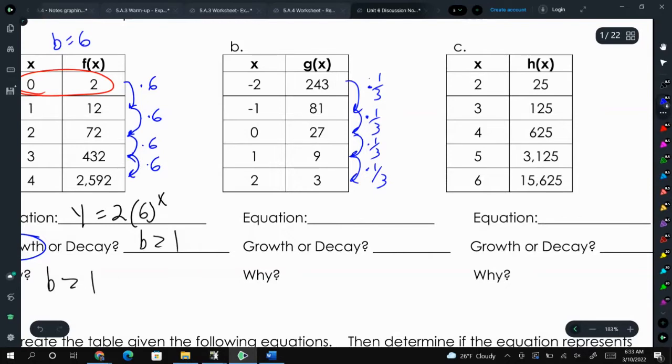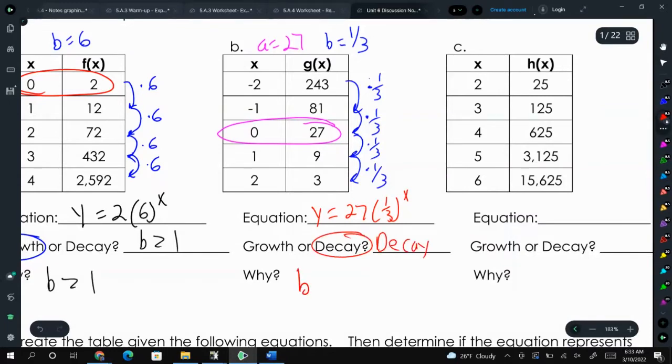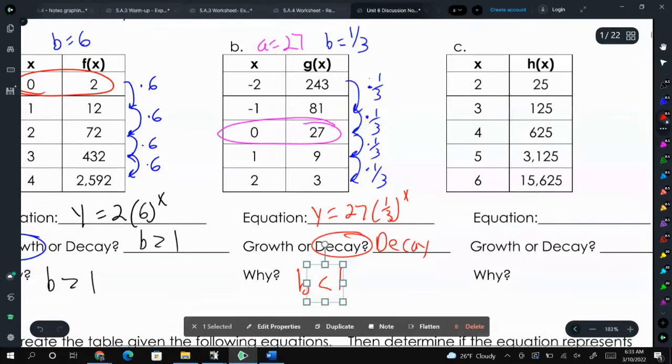So our b value is 1/3, and our a value is 27. That makes my equation y equals 27 times (1/3) to the x power. And that's going to be decay, because b is less than 1.